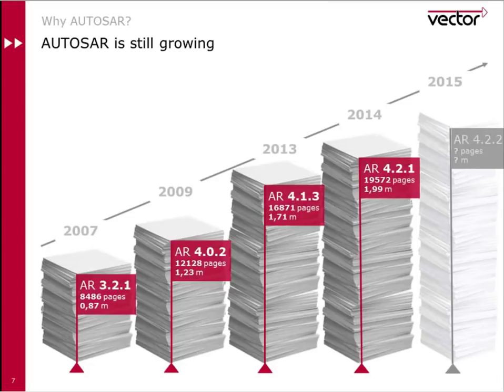In 2007, when we were at AUTOSAR 3.2.1, we were just a little over 8,000 pages in the standard, and that came up to about my waist. But today, at AUTOSAR 4.2.1, we're touching upon 20,000 pages within the AUTOSAR standard, and this just comes above the top of my head now. Far, far more than anyone can ever understand for one person.